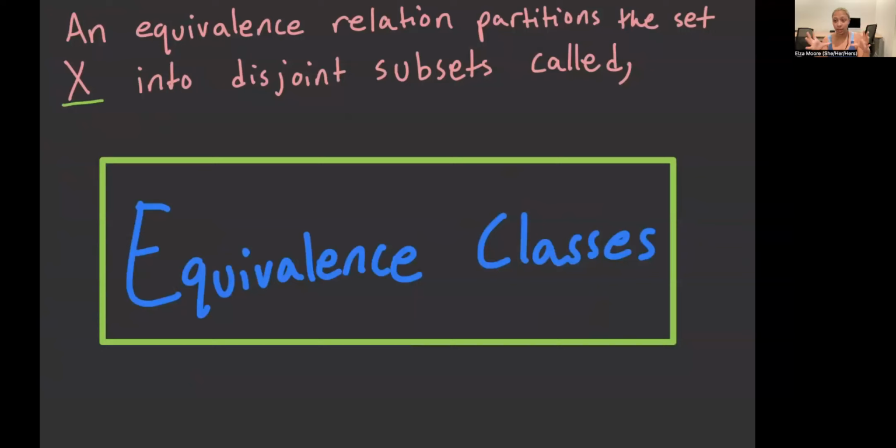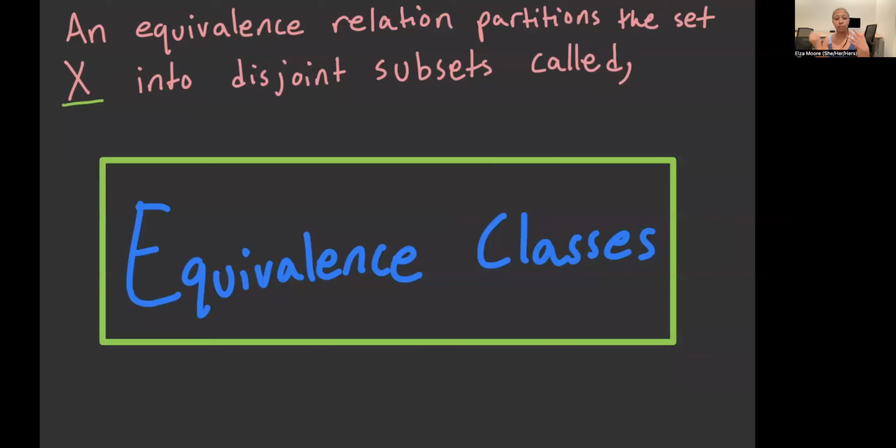To partition a set means that you have some set of items, and you split that set into smaller sets that contain elements from the larger set X. They're disjoint because none of the sets contain the same elements; there's no overlap, no intersection between these subsets.